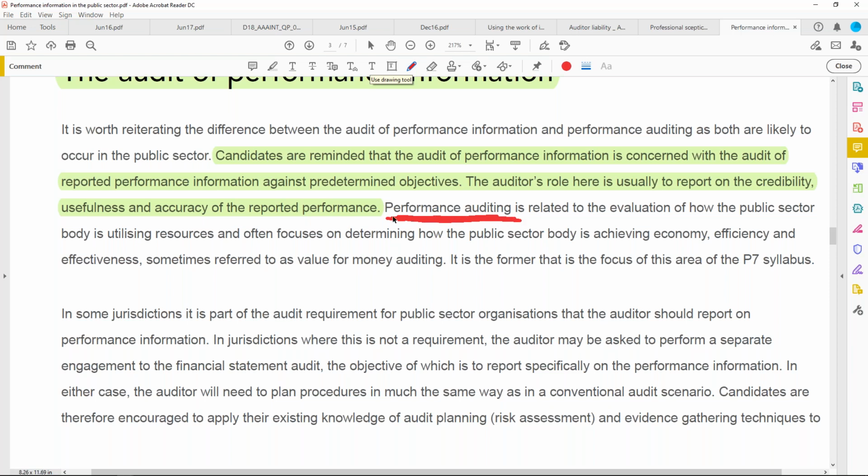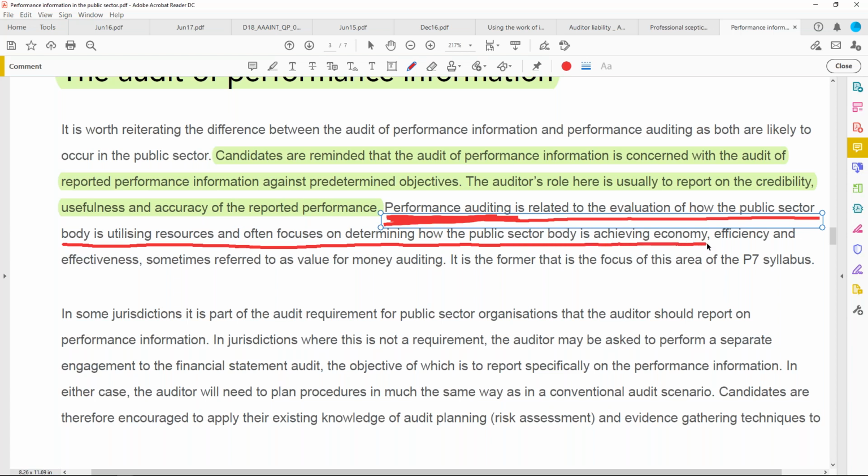Performance auditing is related to the evaluation of how the public body is utilizing resources and is often focused on determining how the public sector body is achieving economy, efficiency, and effectiveness, and is sometimes referred to as value for money auditing.